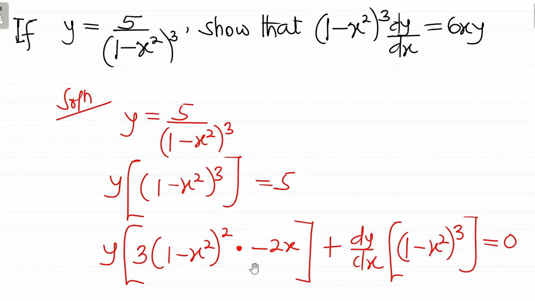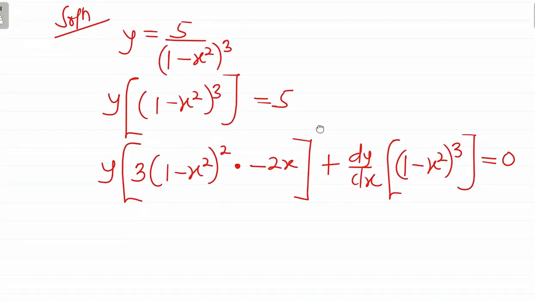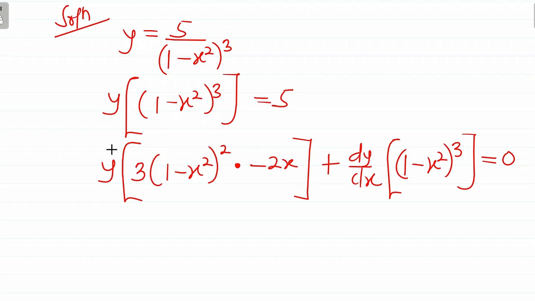We continue our solution by simplifying what we have here. It means simplifying whatever is in the brackets at the left hand side, that is we maintain y, and then we can see that 3 multiplied by minus 2x gives us minus 6x, which multiplies (1 minus x squared) all exponent 2.